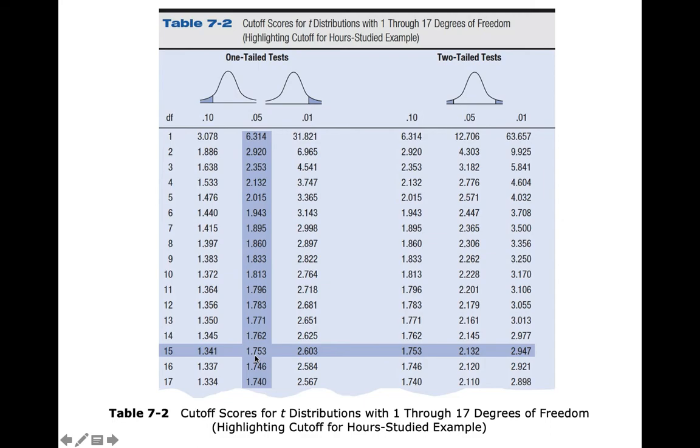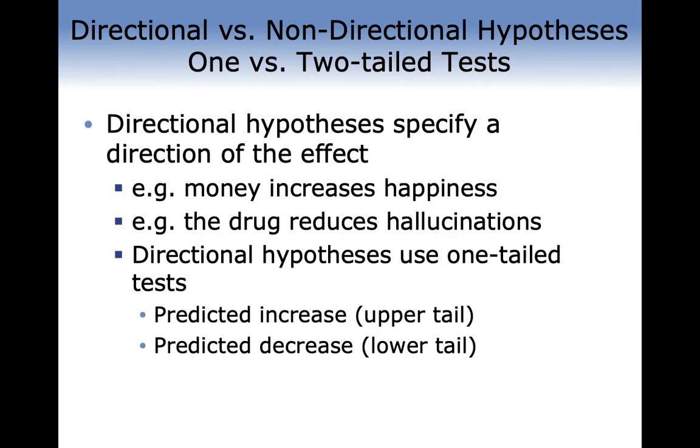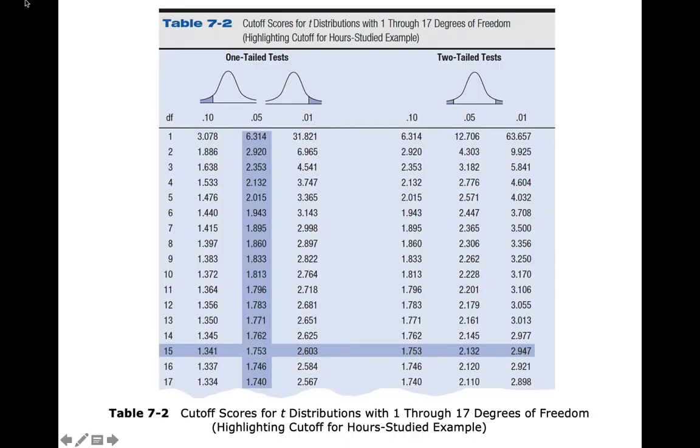What that means is that when we actually calculate our t statistic based on the results of our study, we're going to be looking for a sample mean that, when converted to a t, is going to be larger than 1.753.